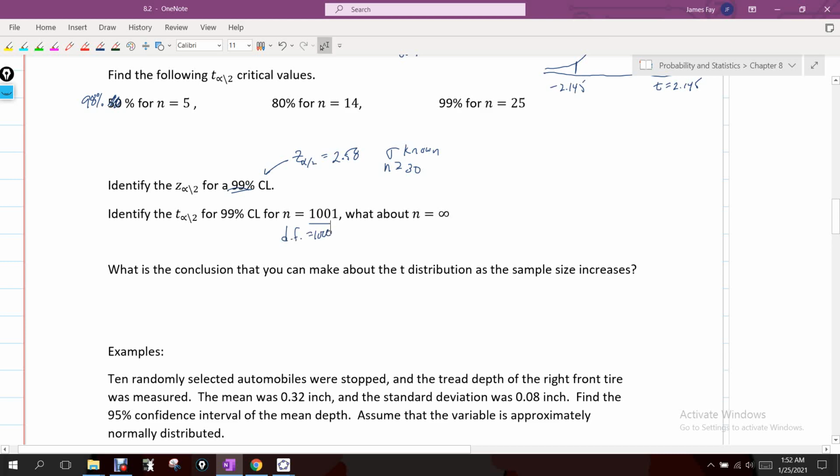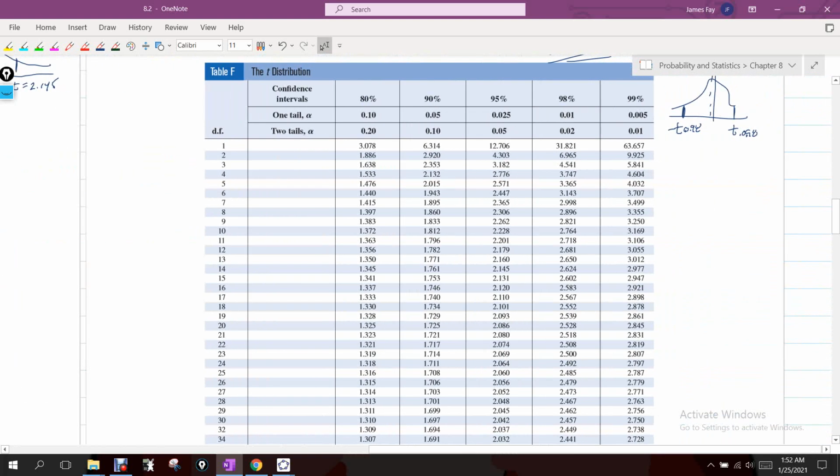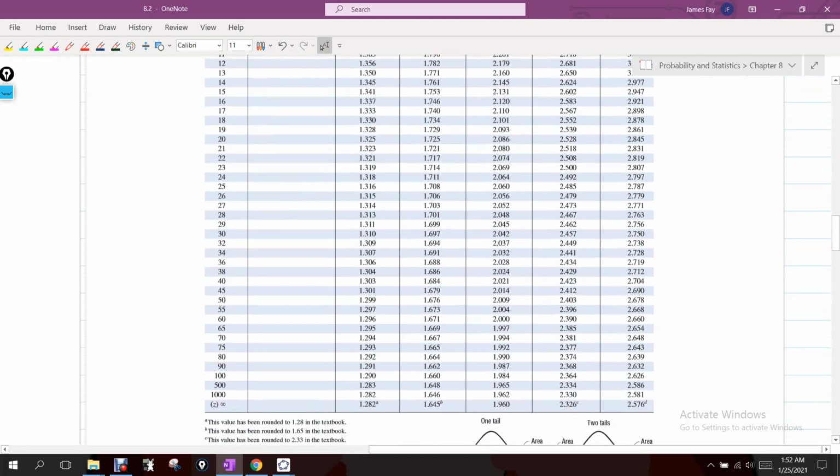And when we do that, and I think the table I have, not all tables are going to do this, but my table here, you get up to 40, it starts jumping by 5 for degrees of freedom. Up to 80, 90, 100 it jumps by tens. This jumps by 400, and it gives me to 1,000.